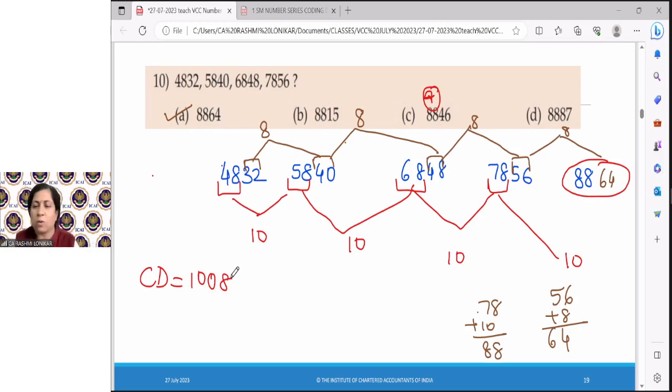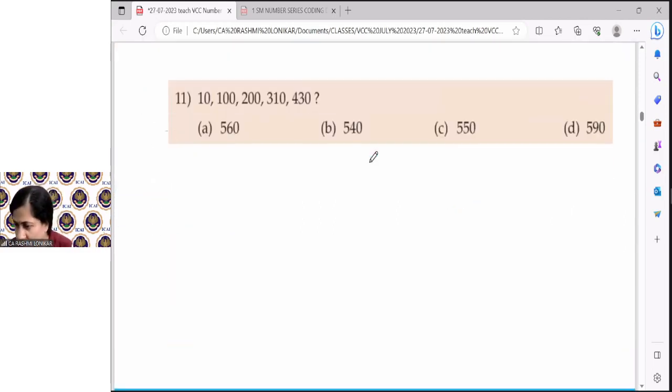Here what I did was, I don't have to use the calculator. I can do it orally, 48, 58, 68, 78, 88. 32, 40, 48, 56, just 56 plus 8. Otherwise, every time you have to take those 4 digits, subtract another 4 digits. So that is also perfectly all right. It is just a matter of saving some seconds.